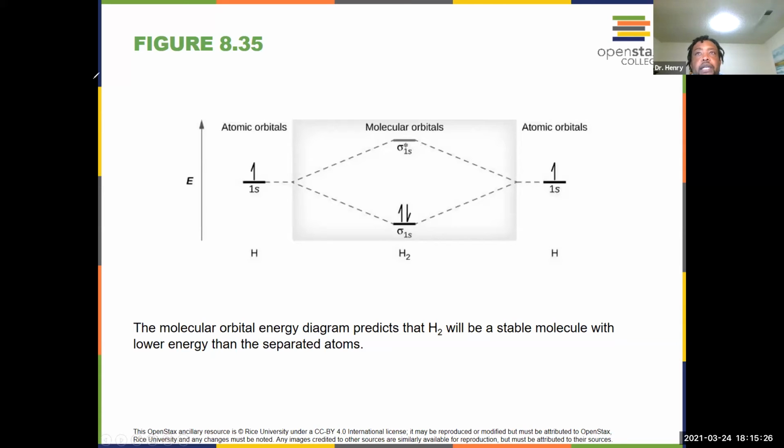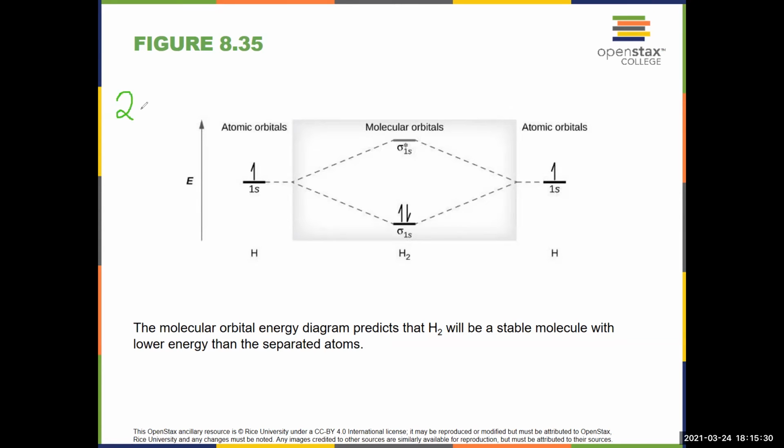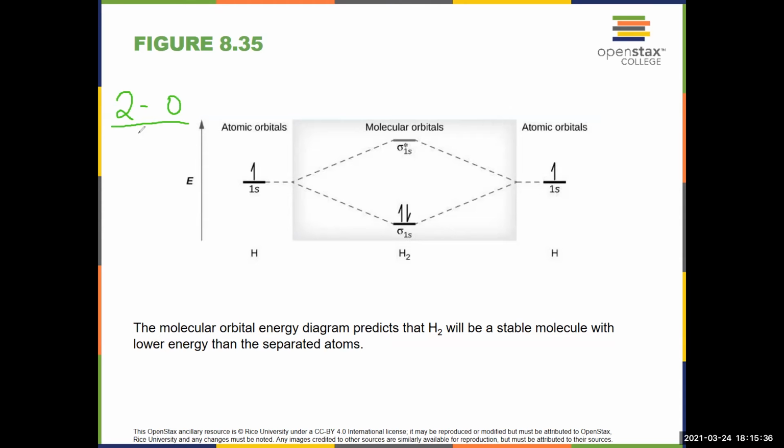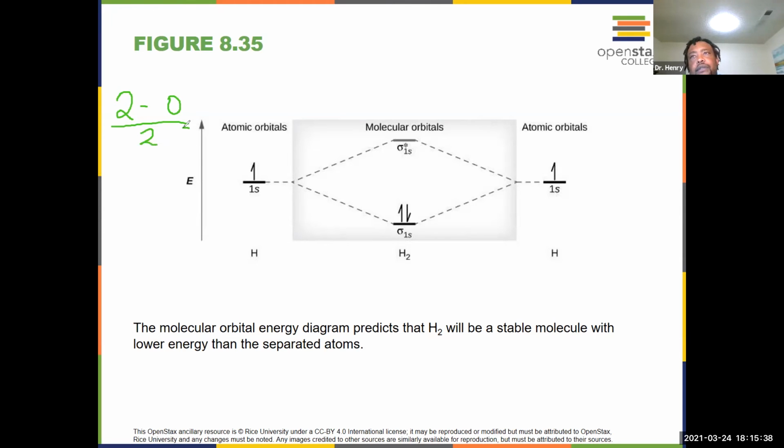So how many bonding electrons do I have? 2. How many anti-bonding electrons do I have? 0. And then I divide that by 2. 1. So how many bonds are between hydrogen and hydrogen? 1.